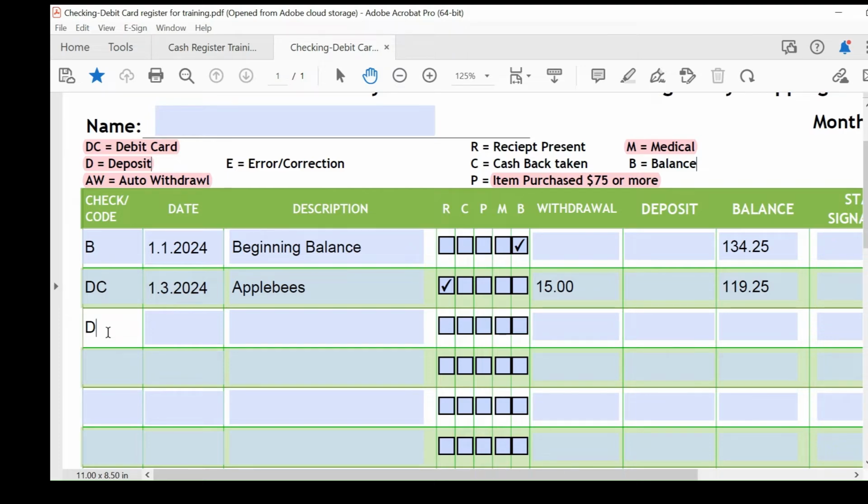So the D is going here for deposit, and then the date. I'm going to do that this was a Social Security payment. Looks like I don't know how to spell.